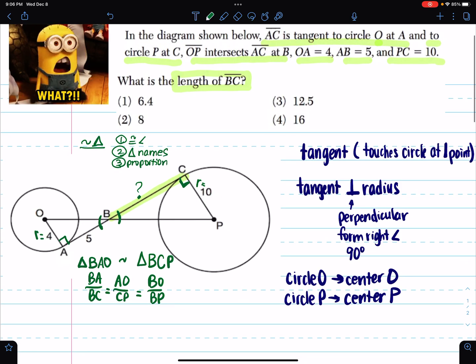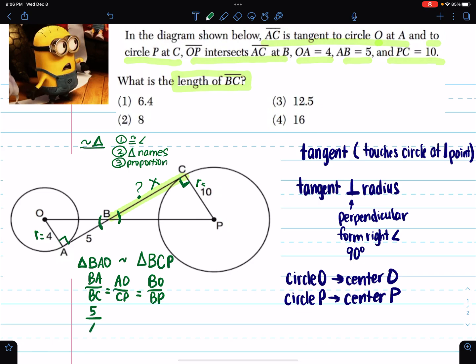BA is 5. BC, I don't know what it is, and it happens to be what I want to solve for, so let me set up a variable x. AO is 4. CP is 10. And I don't need this last fraction.